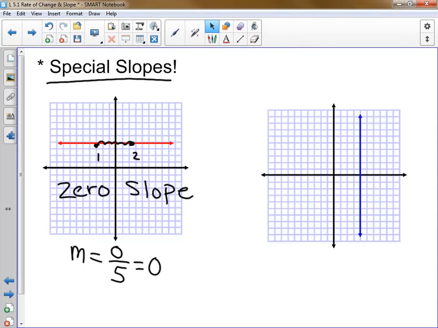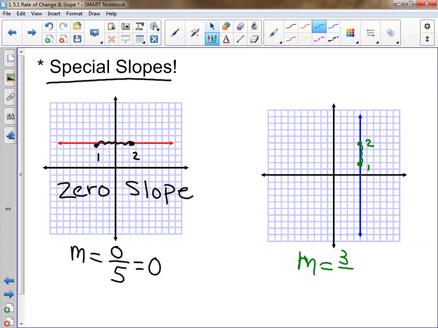0 slope. Now if I look at the blue line, I can do the same thing. I can pick a couple of points, and I can calculate the slope by finding the rise over the run. So I'm going to start at this point and go to this point. And I rise 1, 2, 3.